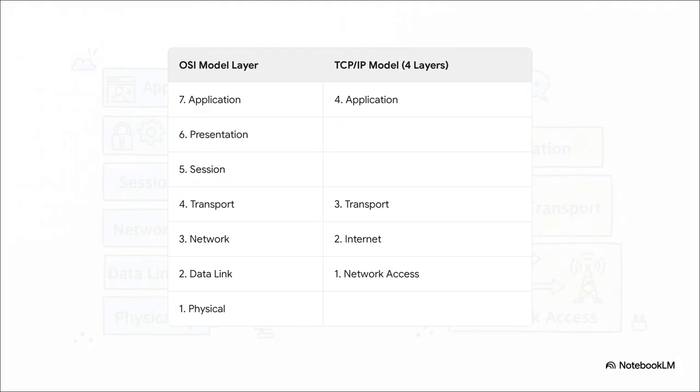Now look at how these layers actually map to each other. You can see how TCP/IP just consolidates things. It takes the top 3 layers from OSI, the application, presentation, and session layers, and just bundles them all into a single application layer. It does the same thing at the bottom too, merging the physical and data link layers into one network access layer. It's just a much more streamlined approach.